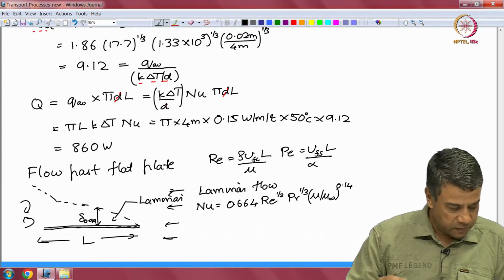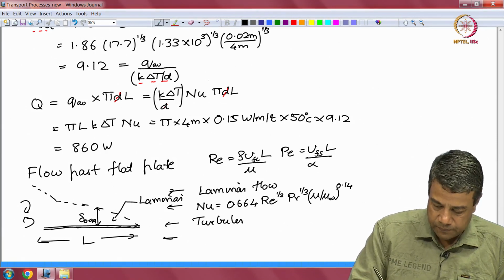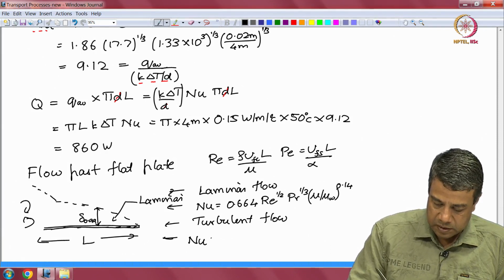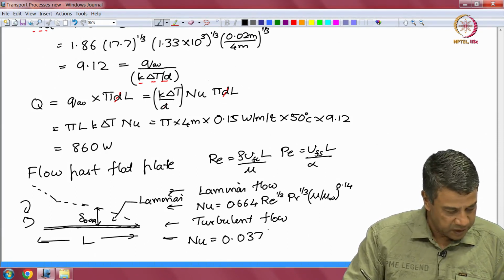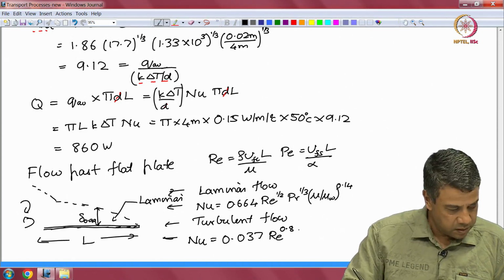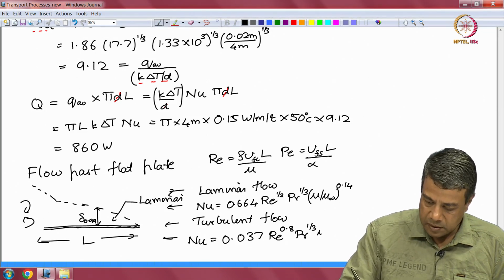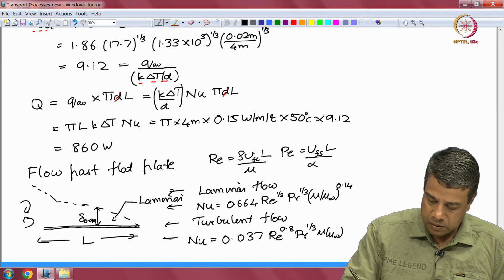And for a turbulent flow, the correlation is of the form the Nusselt number is equal to 0.037 Re power 0.8, Pr power 1/3, mu by mu w.